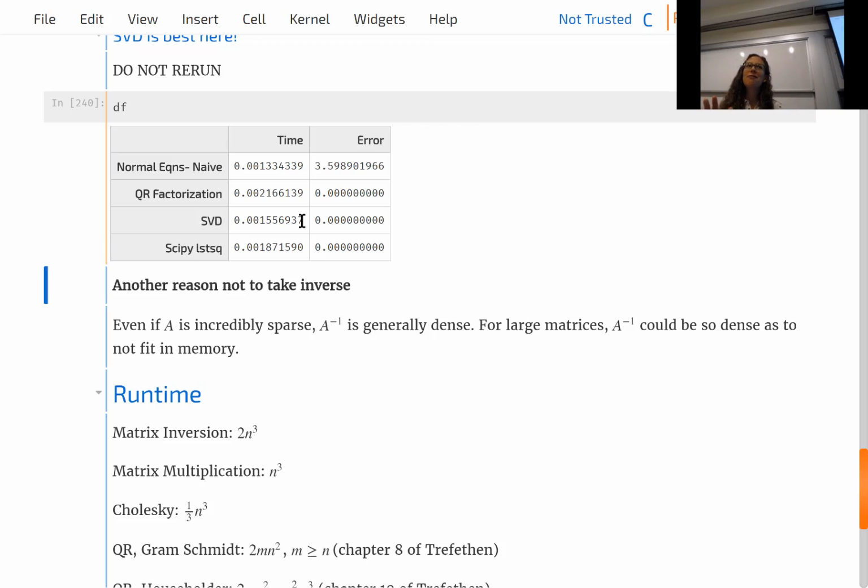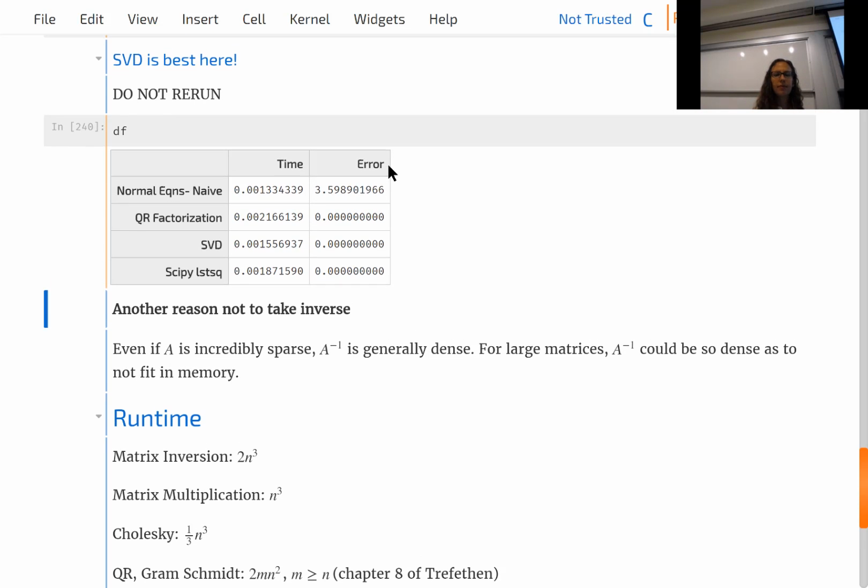Although I have to confess, I ran this a few times, and I don't think that was consistently the case, but I wanted to save it because I was having trouble finding a case where SVD was the best. But really, they're so close that there's not a clear winner. But this illustrates that you definitely don't want to be taking the inverse, and you can't take Cholesky. Oh, and can you throw the microphone, Matthew?